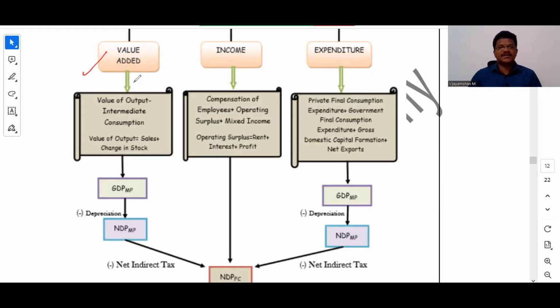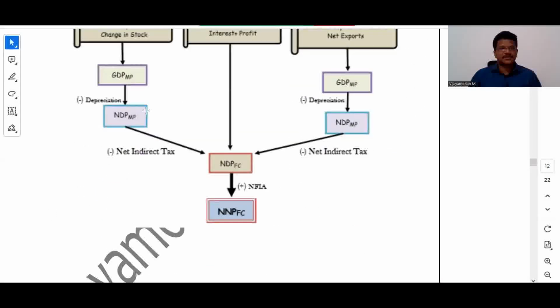Just take the value added method. Value of output minus intermediate consumption. Value of output is equal to sales plus change in stock. This I already discussed. From this you will get GDP at market prices.